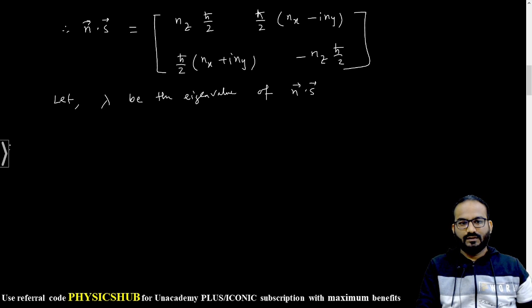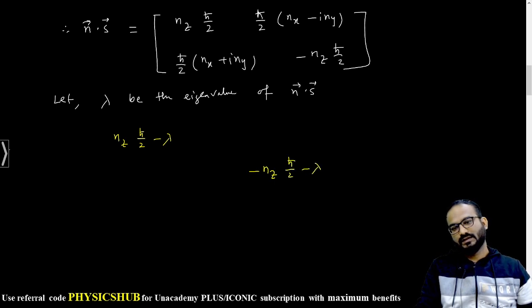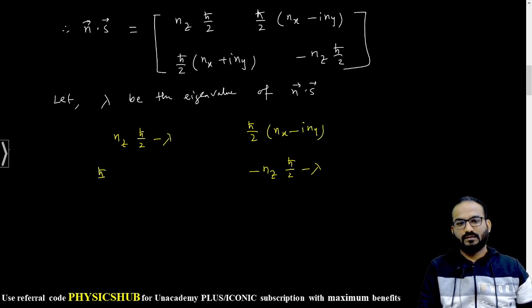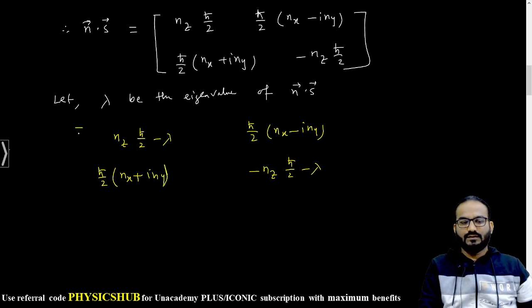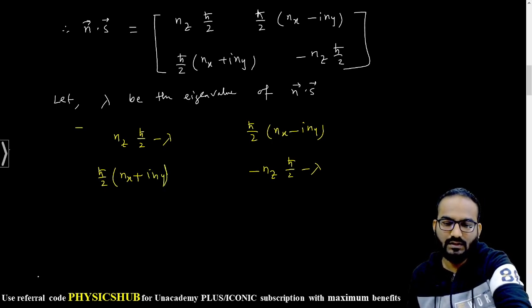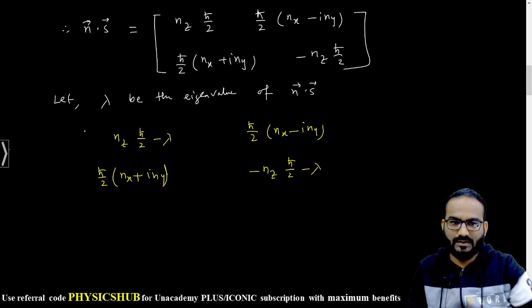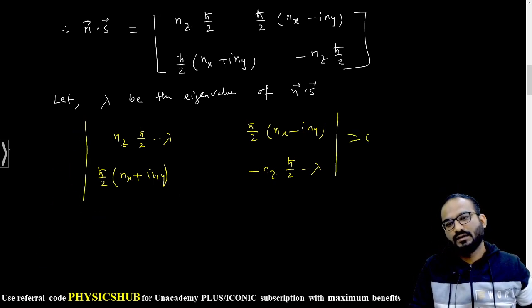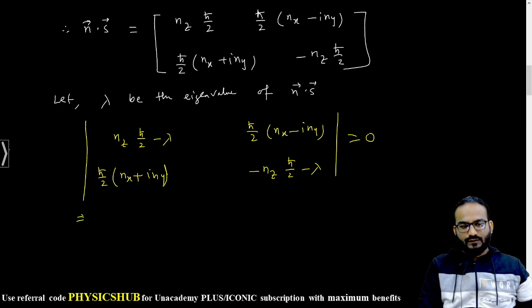So what you can do is write the determinant of the matrix with entries nz h cut by 2 minus lambda, minus nz h cut by 2 minus lambda, and h cut by 2 nx minus i ny, h cut by 2 nx plus i ny, and equate it to zero.